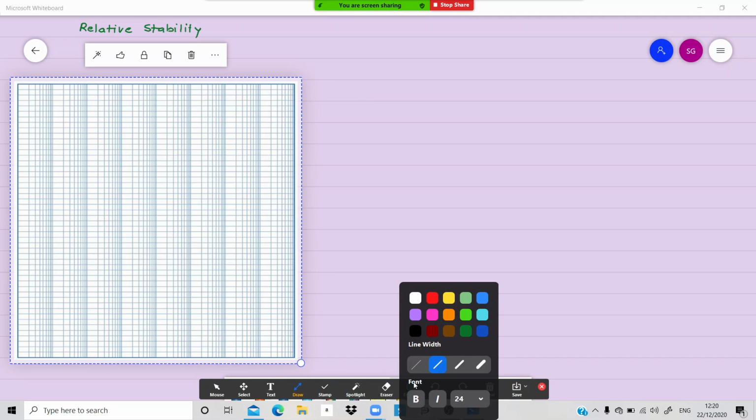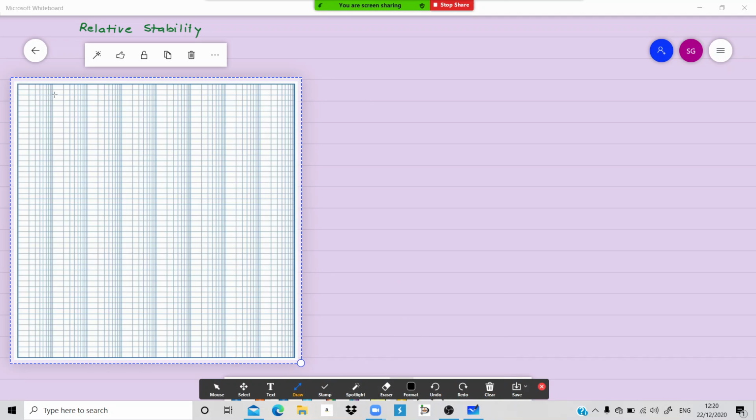Give me 1 minute. So let us say this is your y-axis. This is for the magnitude plot and this one is for the angle plot.